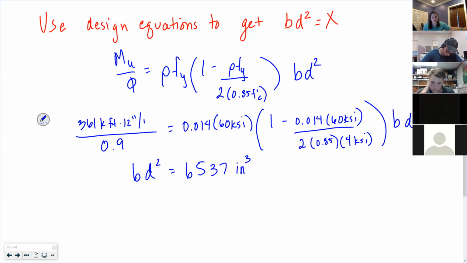So do you have to redesign for your Mu using the new weight? See if it works or not, and if it doesn't work, then redesign. But this is the method. You basically do this and then plug this H and B back into your dead load to calculate for weight. Yeah, because to calculate for your weight, you have to have those. So you're going to have to do this first.